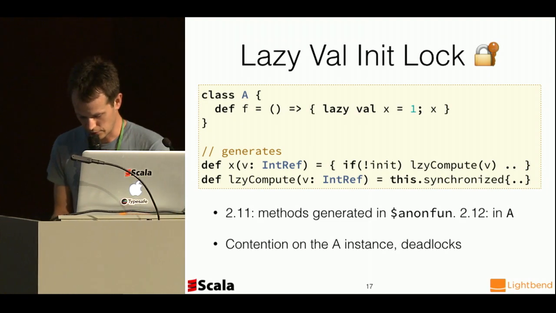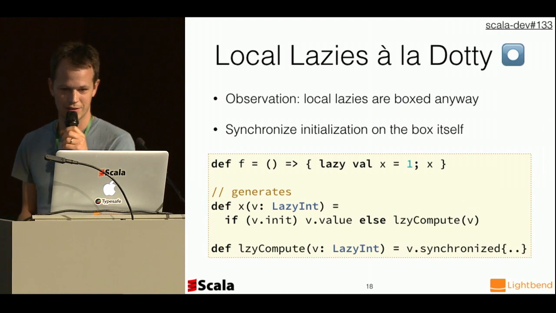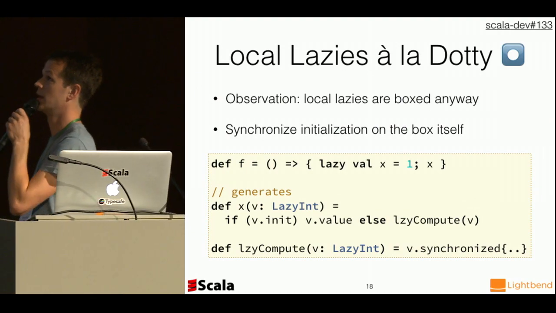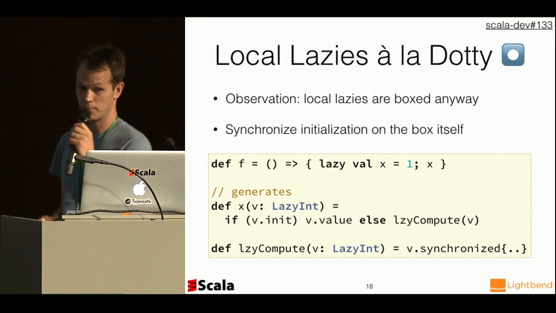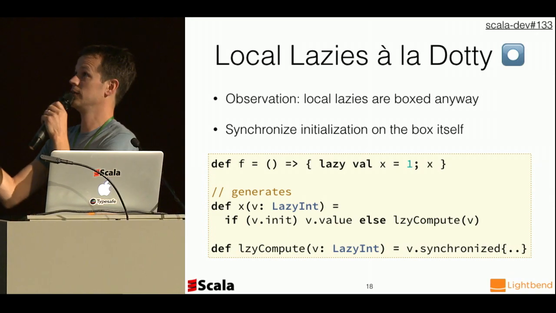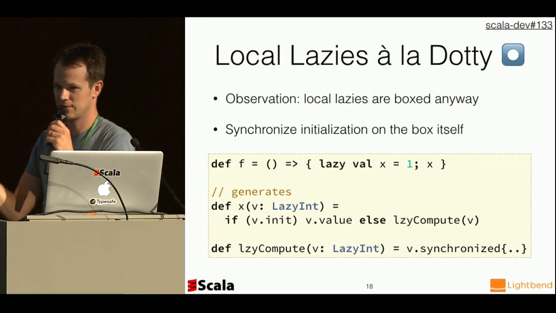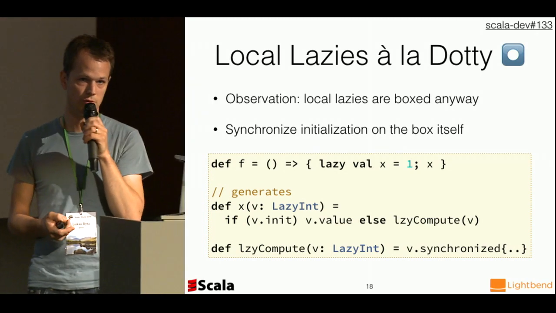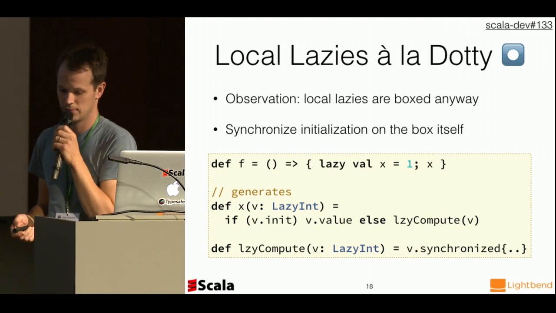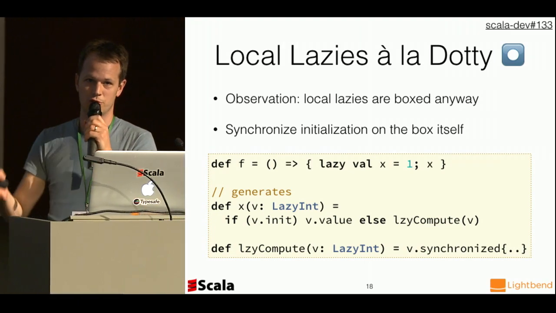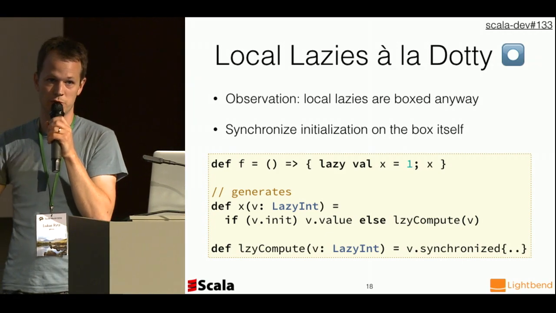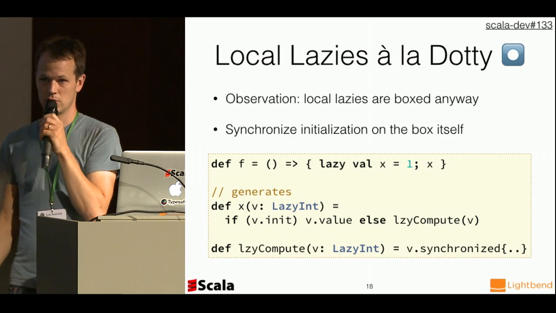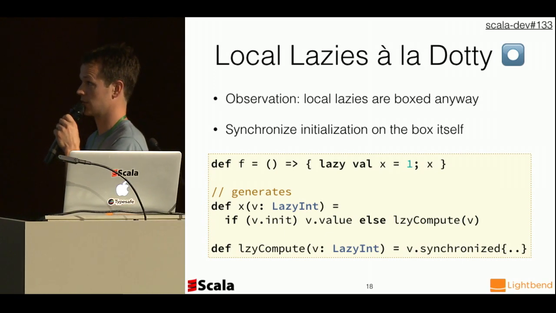For fixing this problem, we got inspired by Dotty. Dotty had this already fixed, and we basically took the same approach. The observation is that the lazy val is boxed anyway. A local lazy val is always boxed, and since there's a one-to-one correspondence between the lazy val and this box, we can just synchronize on that box instead of the enclosing object, and then we don't get these deadlocks.